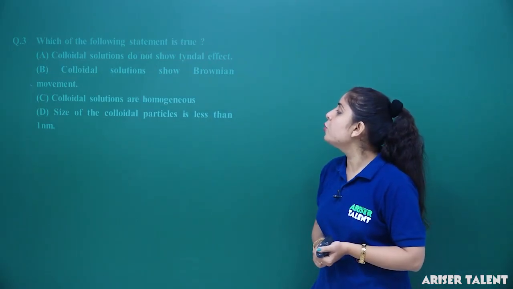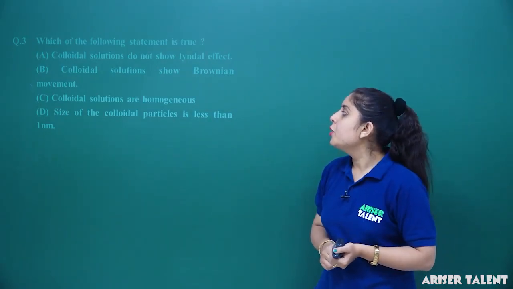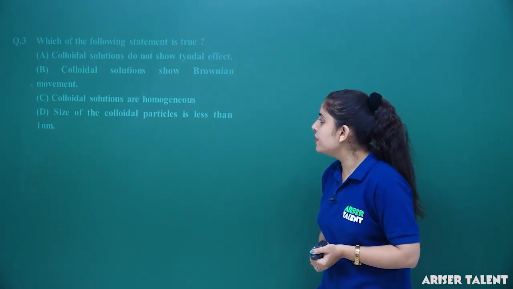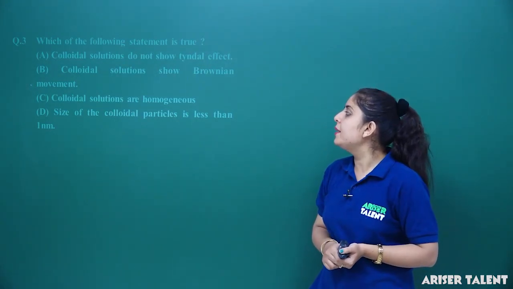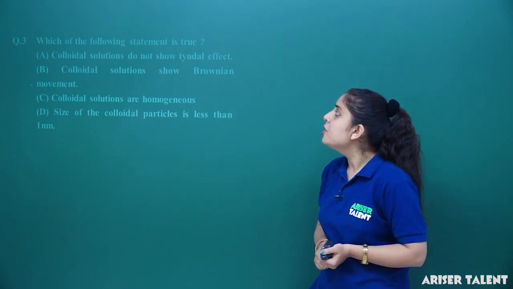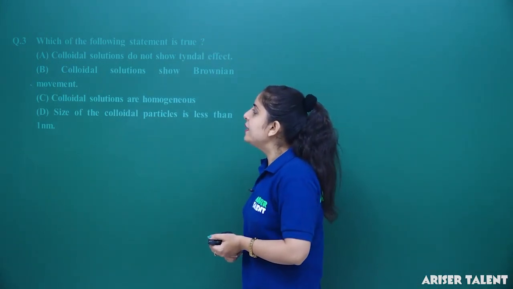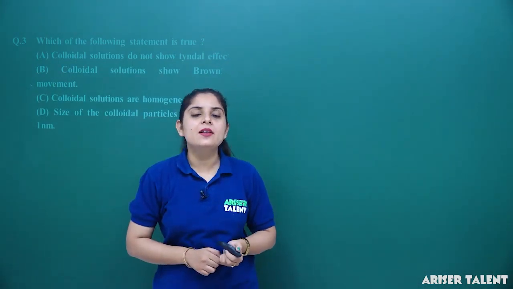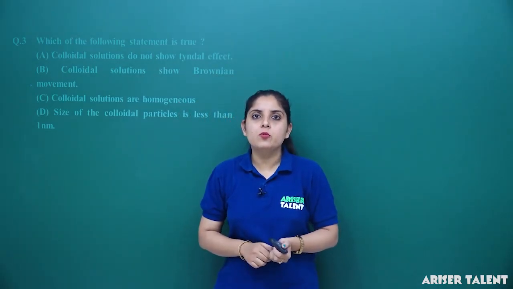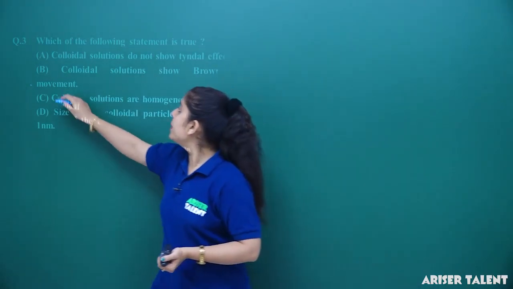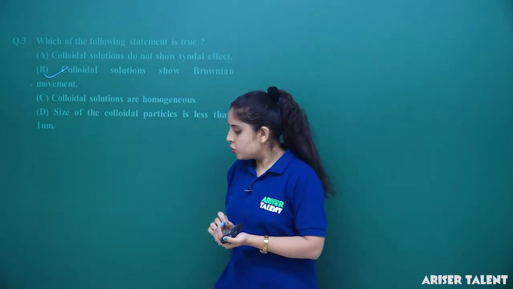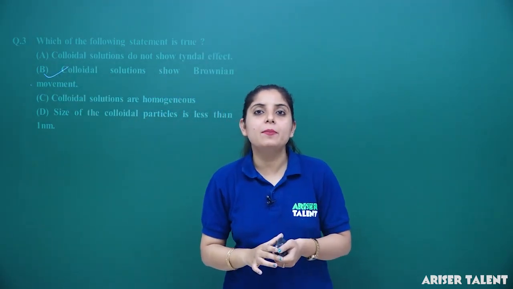Colloidal solutions show Brownian movement. Colloidal solutions are homogeneous and the size of the colloidal particle is less than 1 nanometer. The statement which is correct here is that colloidal particles show Brownian movement too. So this statement is correct, and option B will be correct here.